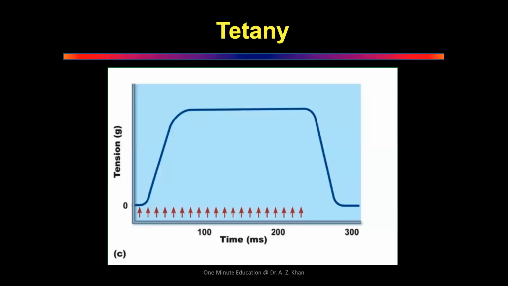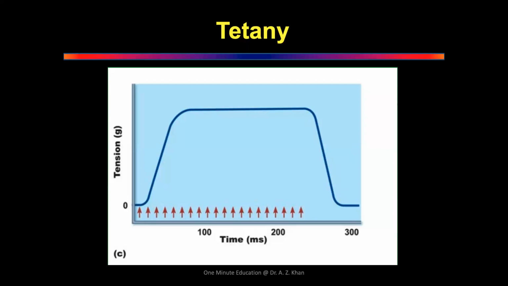This is tetany actually, okay? What's happening is that the muscle has gone into a state of spasm, seen in tetanus, all right? The muscle has gone into a state of spasm and repeated stimulations are continuing to plateau the depolarization. Can you see that? So for it to repolarize, it's taking a very, very long time. So the muscle is continuing to be in spasm and not allowed to go into the relaxation phase.